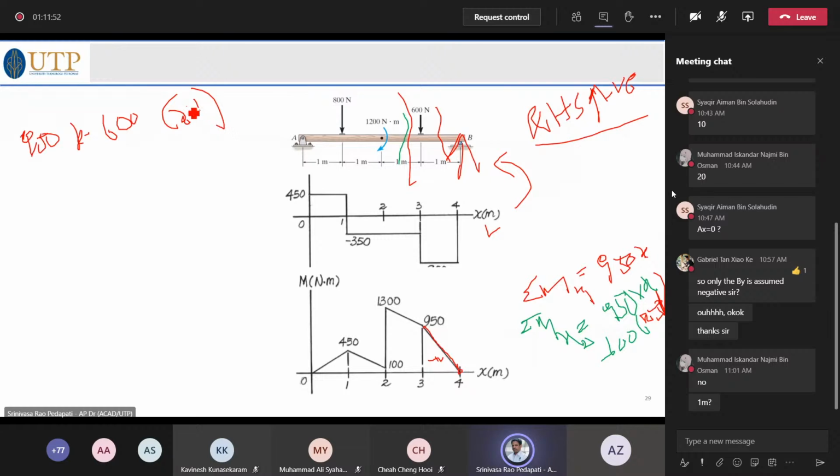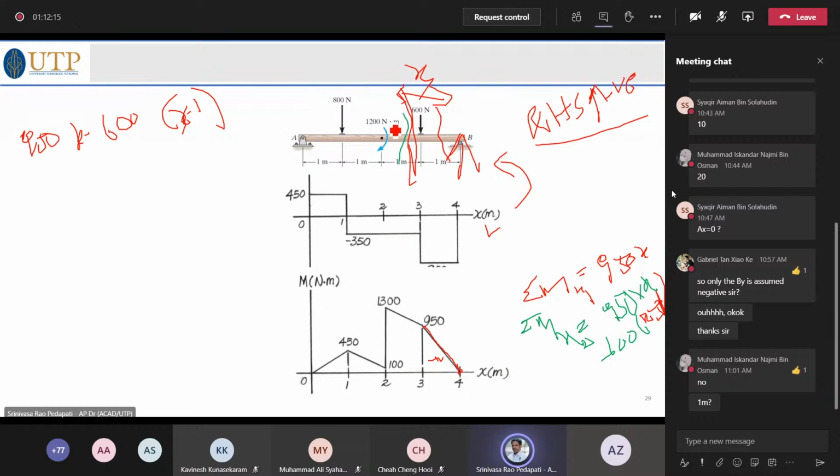Why? Because if you take the section in here and this is called x, obviously 600 is 1 meter near to your section, so x minus 1. If x is equal to 1 by chance, it should be 0. Yes, it is 0, correct. And then you are left with 950 into 1.